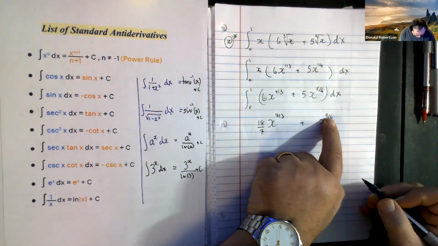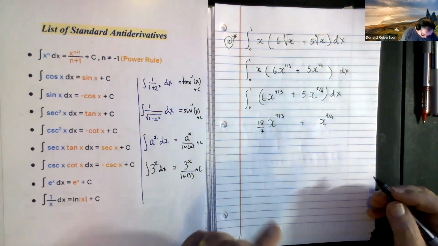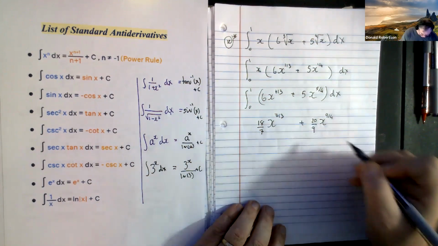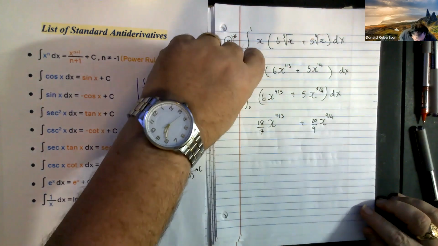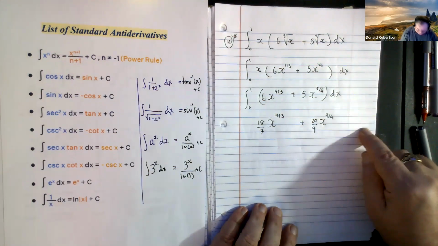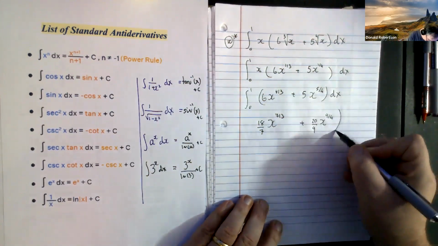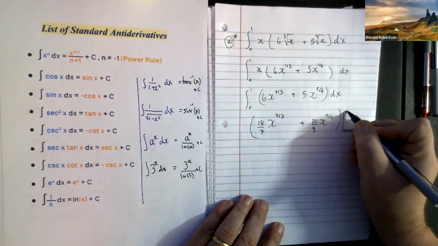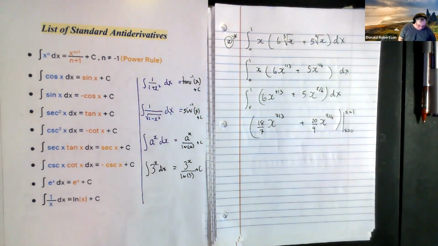And dividing by 9/4 is the same as multiplying by 4/9, which is why you get 20/9. Now, if these zeros and ones were not there, I would just be putting plus c here. But since they are here, I'm going to find a number because it's a definite integral.